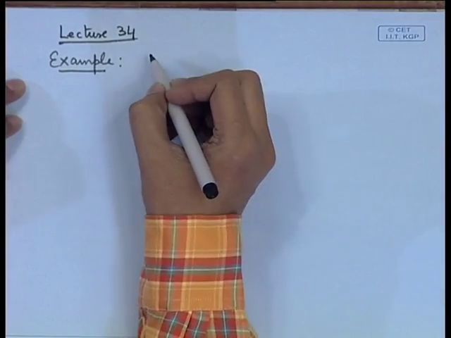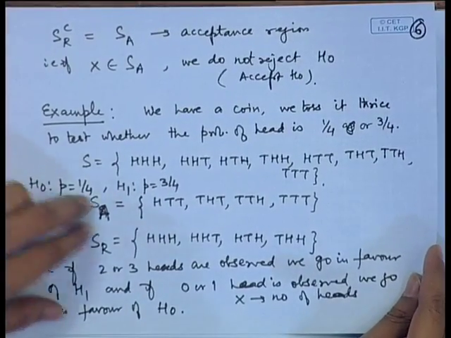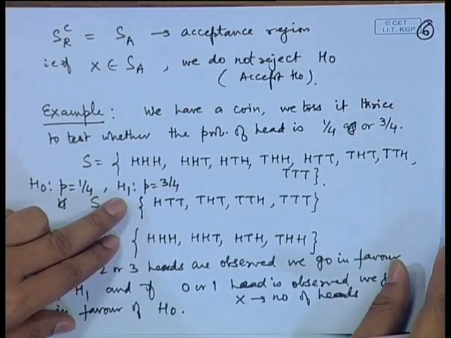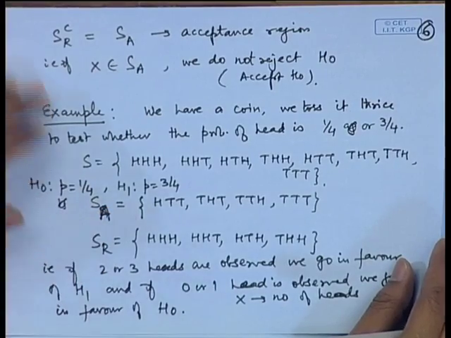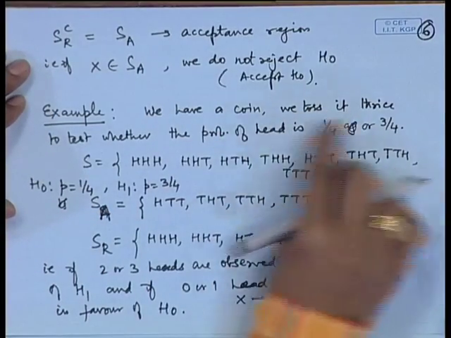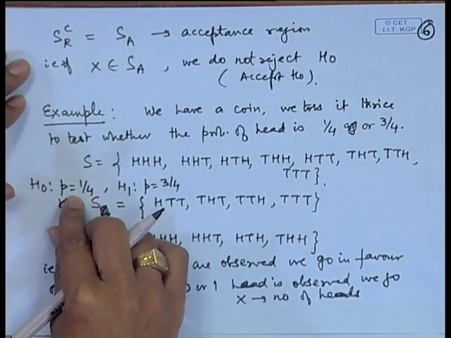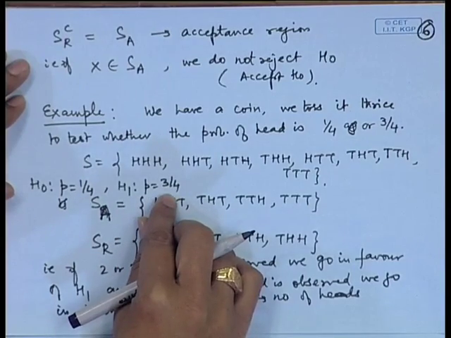Let me explain this through one example. We discussed the problem of checking the unbiasedness, or a certain probability related to the probability of head, in a coin tossing experiment. So, we have a coin and we tossed it thrice and we want to test the hypothesis whether p is equal to 1 by 4 against p is equal to 3 by 4.